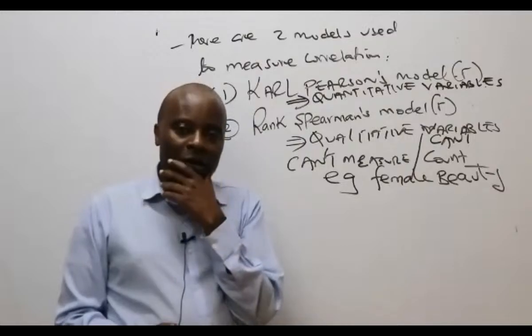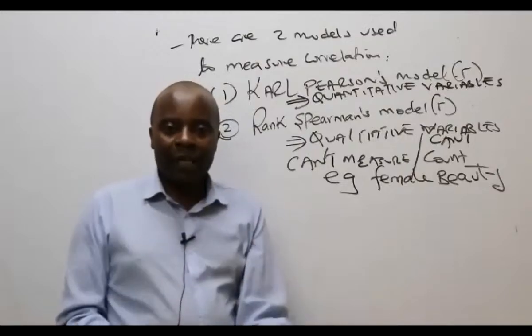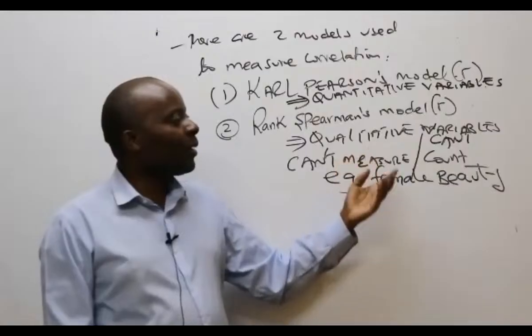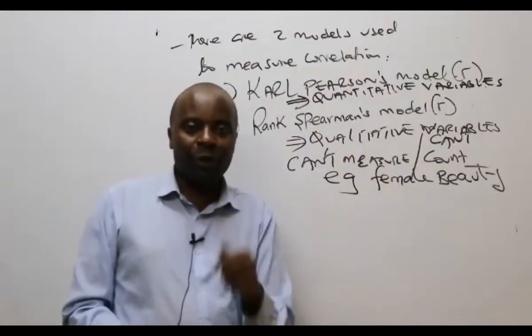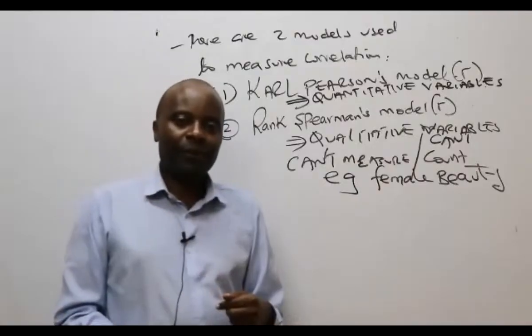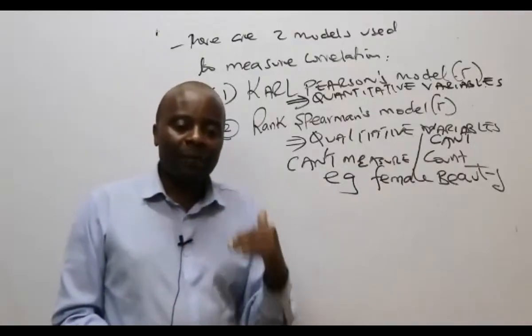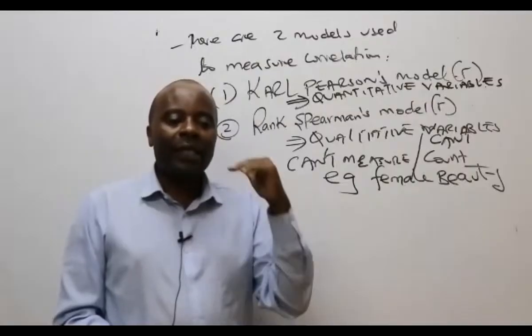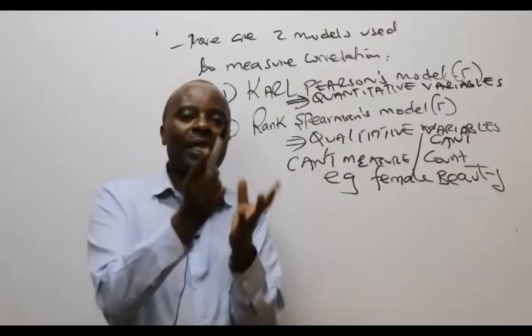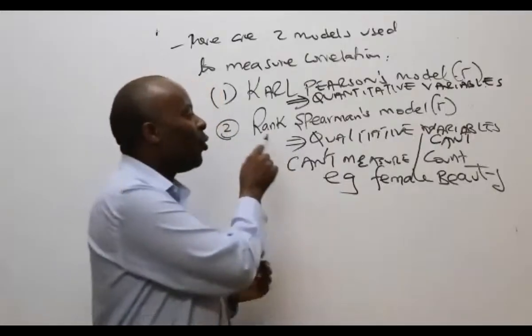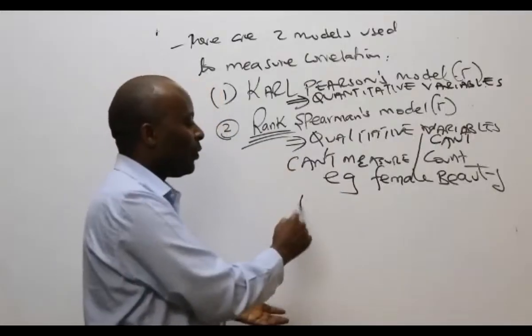This is a qualitative variable, and all qualitative variables are subjective. What you see to be beautiful may not be beautiful to someone else. And that is why, at the end of the day, in measuring qualitative variables, the only thing you can do is to have judges.